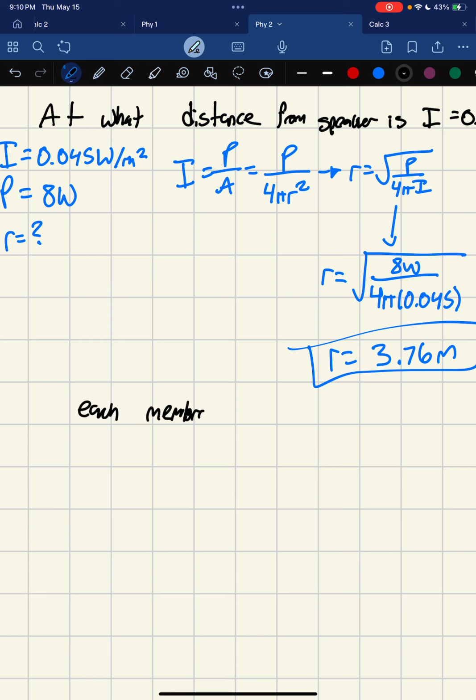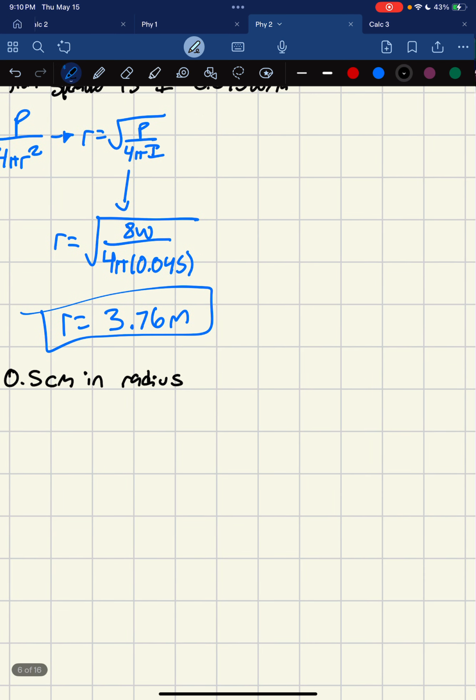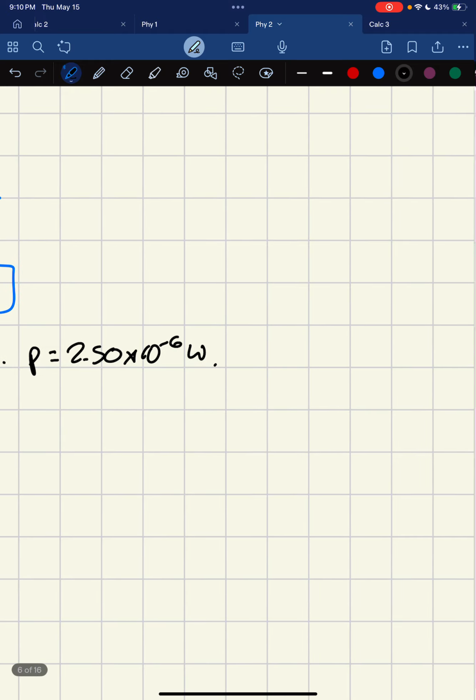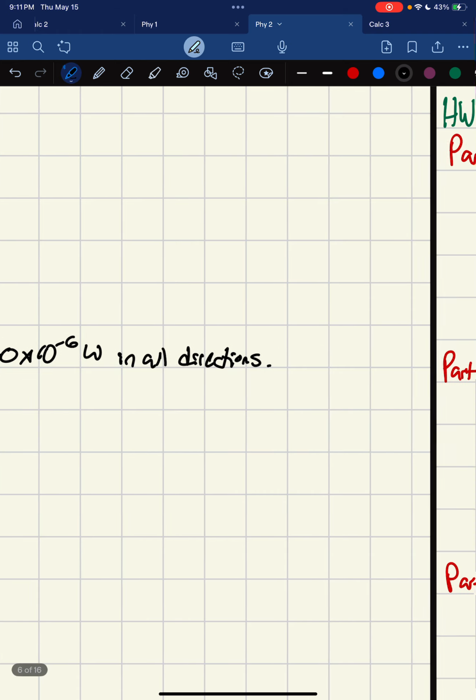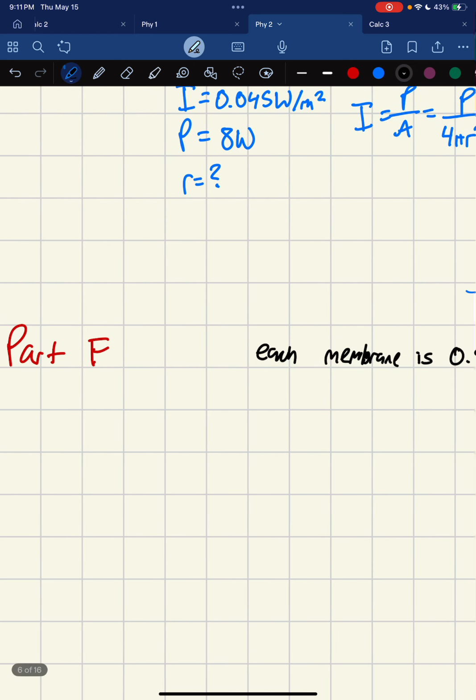If a source of sound has a power output of 2.50 times 10 to the power of -6 watts in all directions, and is located 1.5 meters from the frog.